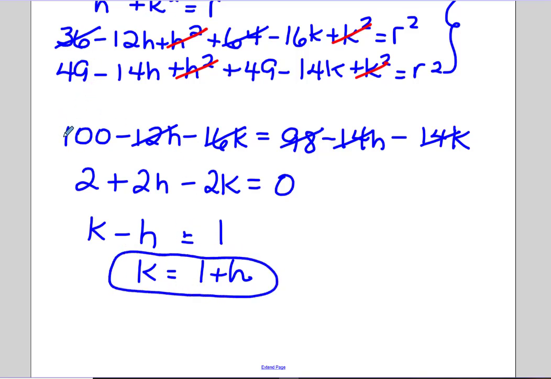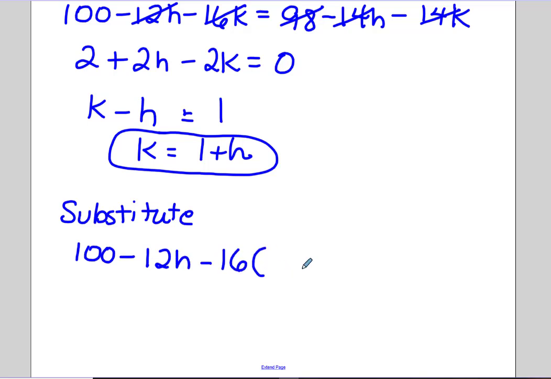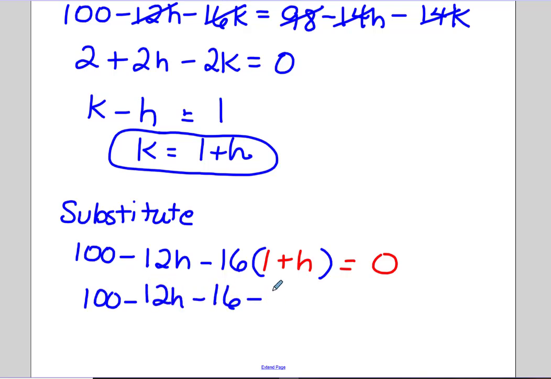We can substitute that back into the second equation. So I'm going to substitute 100 minus 12h minus 16k, where k was 1 plus h. That would give us 100 minus 12h minus 16 minus 16h is 0.